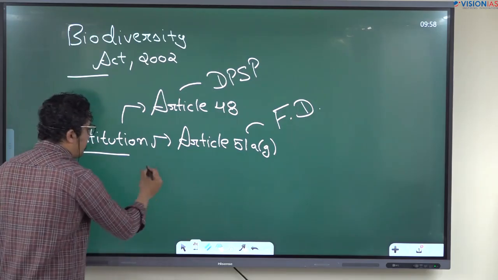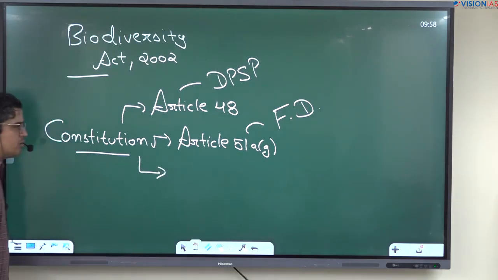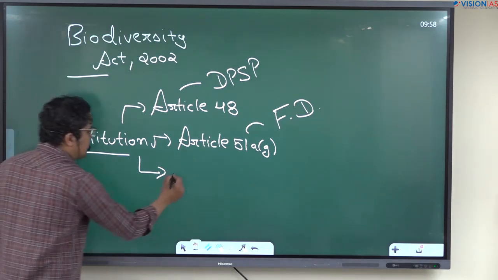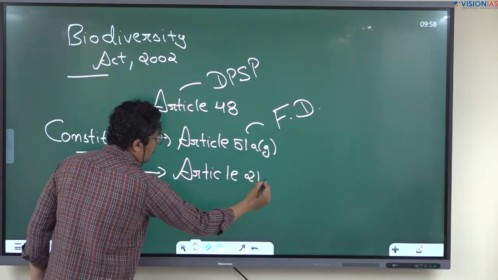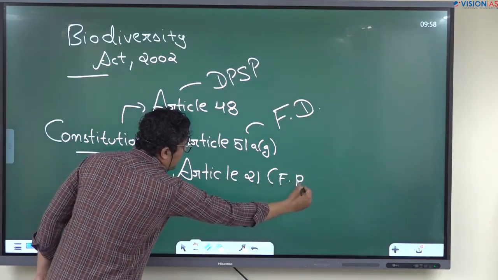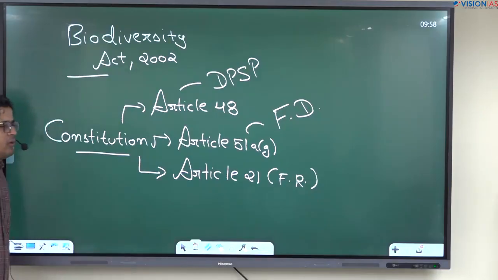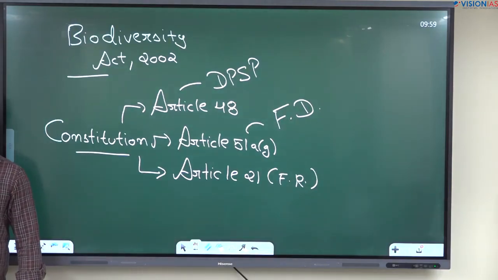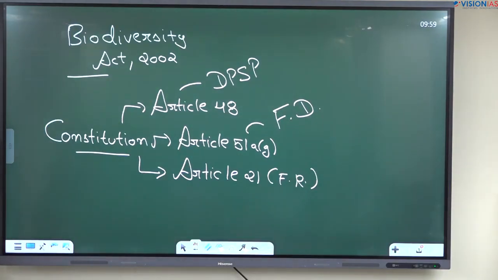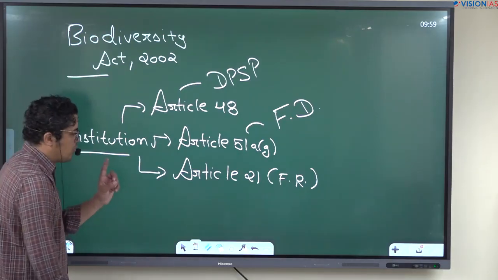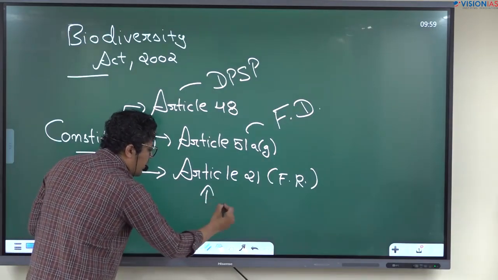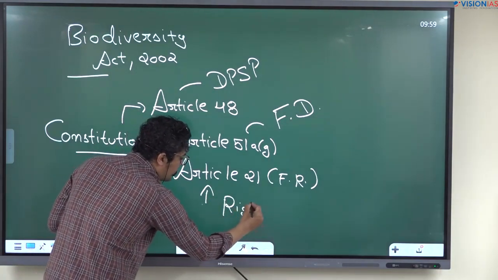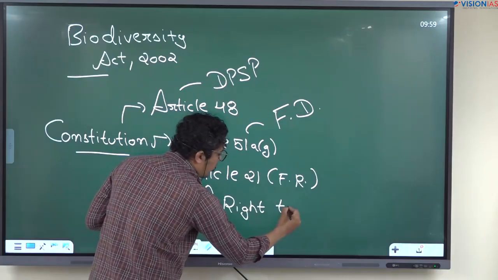And with the recent judgments of the Supreme Court, judgments that have come up in the last 5 to 7 years, which is your fundamental right? Right to life. Article 21, right to life and liberty, is your fundamental right. In recent Supreme Court judgments, under Article 21, the right to a healthy environment is also a part of it.